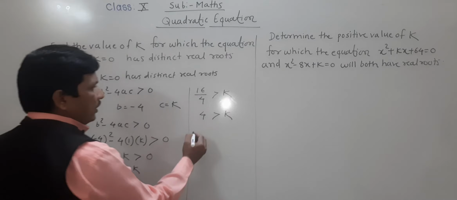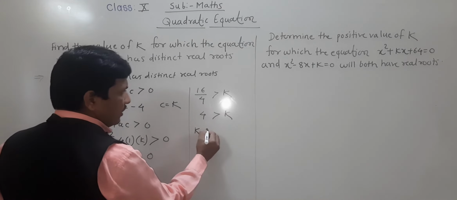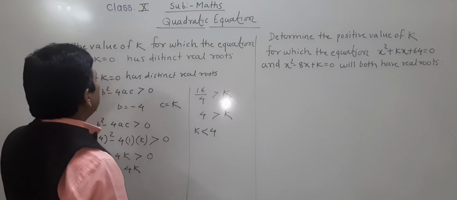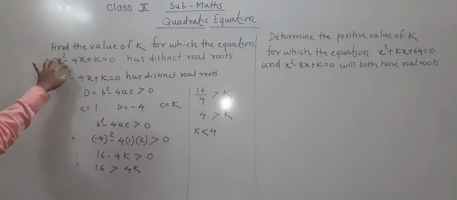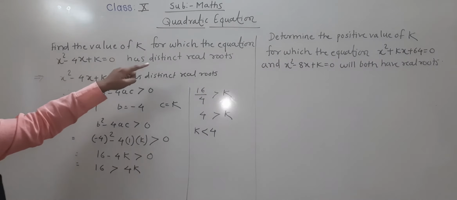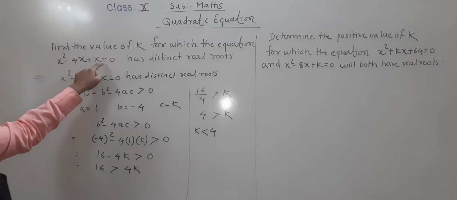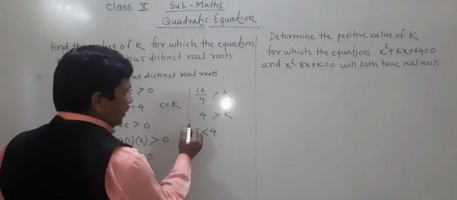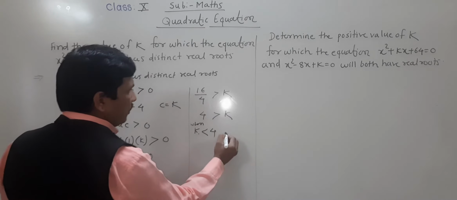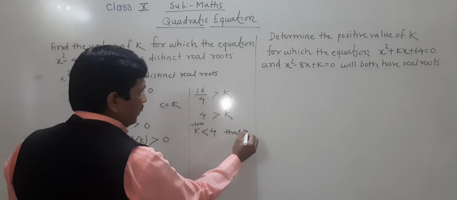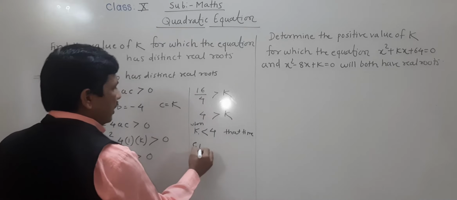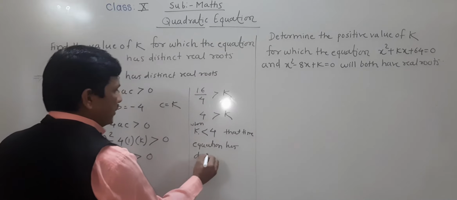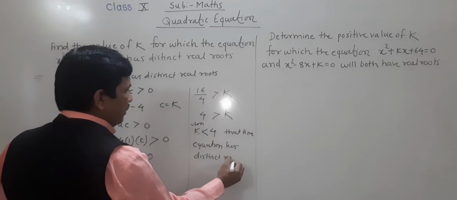So when k is smaller than 4, or 4 is greater, in this condition this equation will be satisfied. So when k is smaller than 4, at that time the equation has distinct real roots.